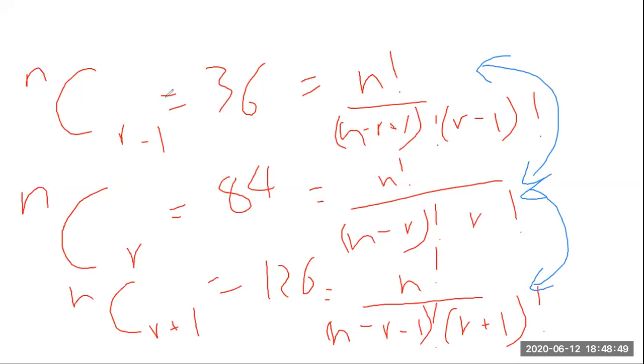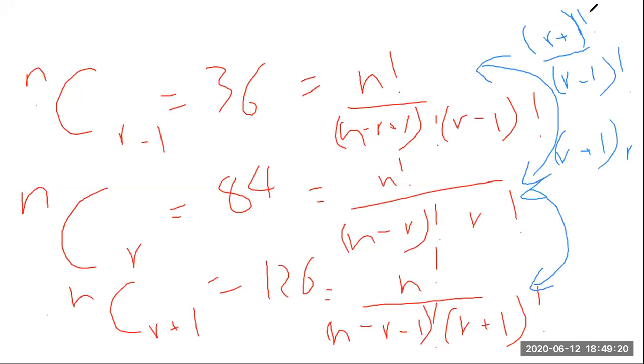The reason why we are not comparing the first one and the second one is because when you take a ratio and do the cancellation, it will give you a harder question. r plus 1 factorial divided by r minus 1 factorial would get you r plus 1 times r.